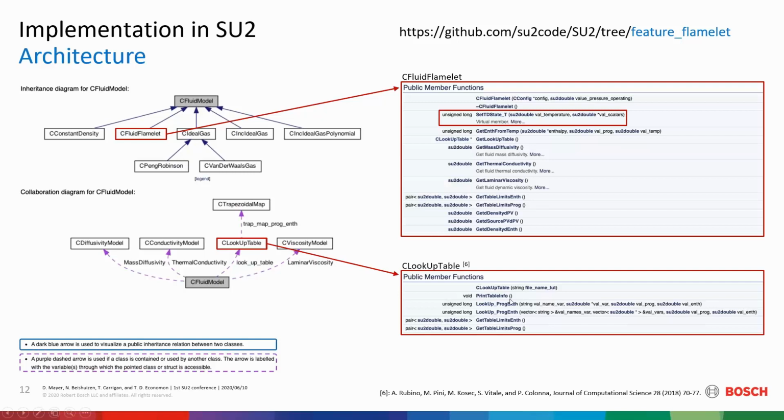You can report some information about the lookup table with the print table info function, and then we have two lookup functions. We still have the progress variable enthalpy nomenclature in here, but this is basically a two-dimensional table lookup, and you would pass in the name of the variable that you want to look up, a data pointer where the data will be stored, and then the value for the progress variable and the enthalpy.